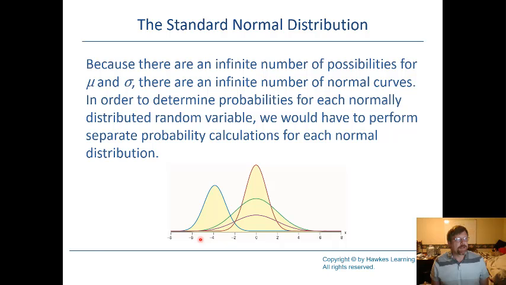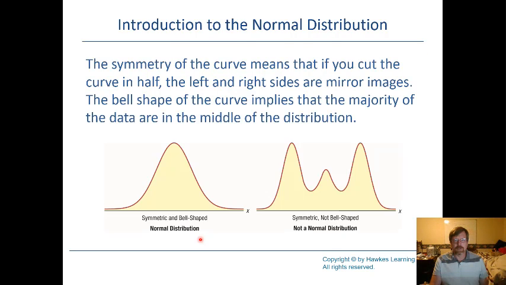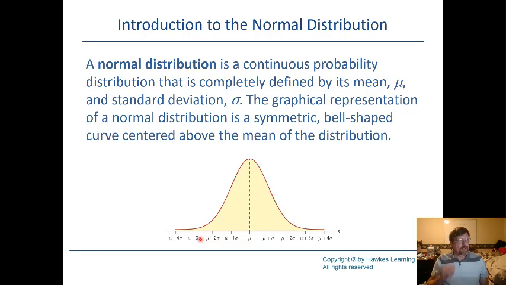Before we avoid having to do separate probability calculations for each normal distribution, I am going to add one thing here. Let me go back to this curve. It's kind of hard to see, but right here at one standard deviation away from the mean, and likewise on this side, the curve shifts from being a downward pointed curve to being an upward pointed curve.